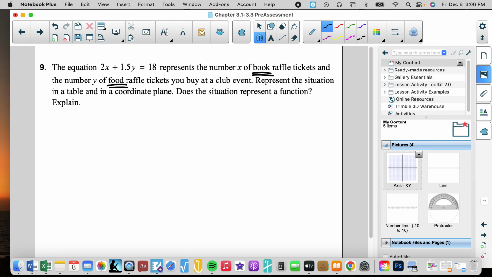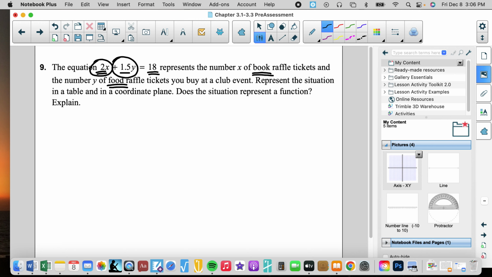So how much does a book raffle ticket cost? It costs $2. So this is the amount in money of book raffle tickets. How much does a food raffle ticket cost? It costs $1.50. And this term represents the total amount of money that I've raised through food raffle tickets.